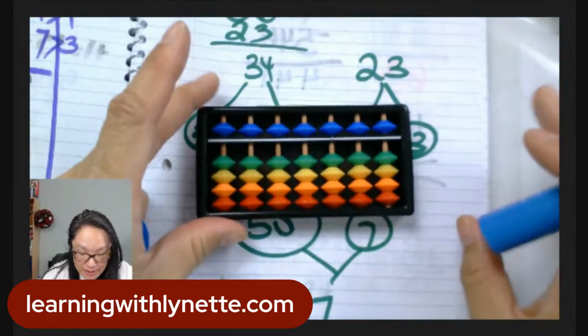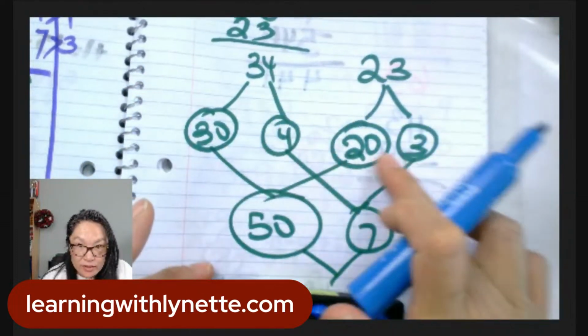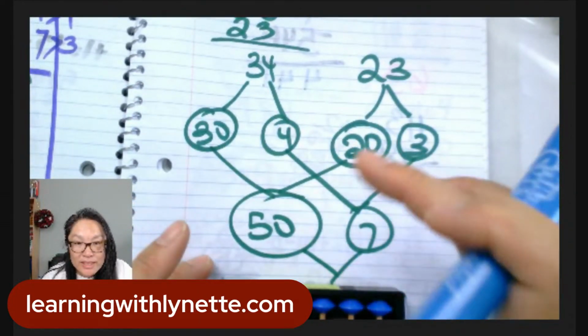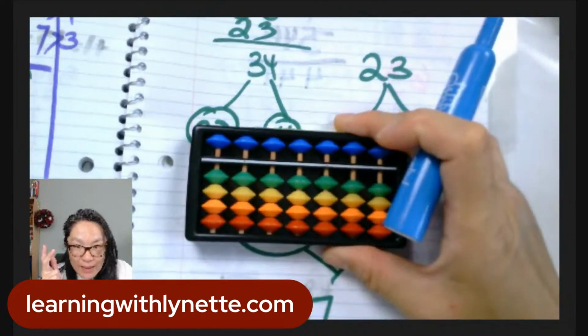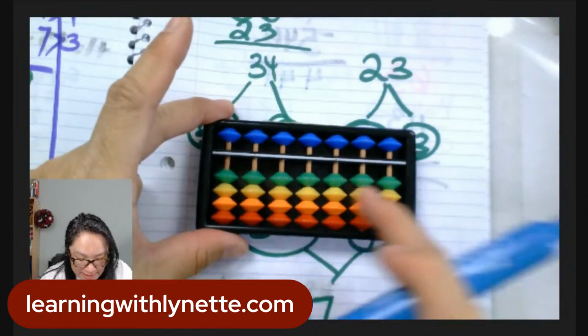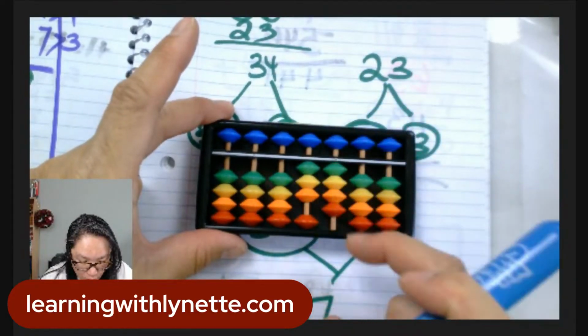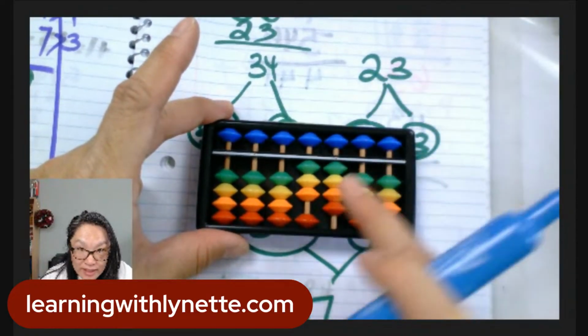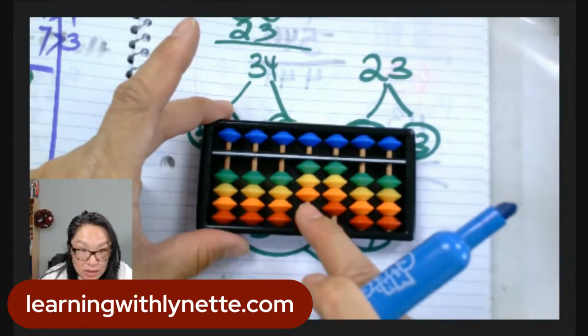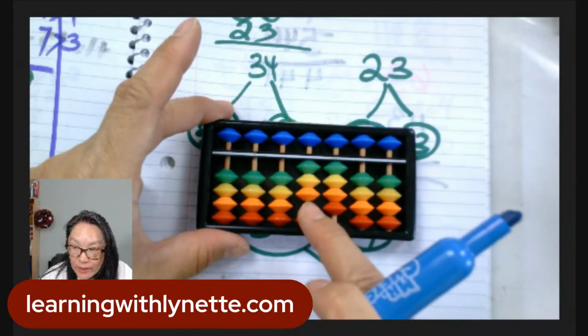Because if we do it on the abacus, they broke it up into tens and ones. But that's what I'm saying. The difference is they're doing it on paper. On the abacus, we don't need to, right? We could see it. So if I did 34 and then want to add 23, to add the 20, how do I add 2?